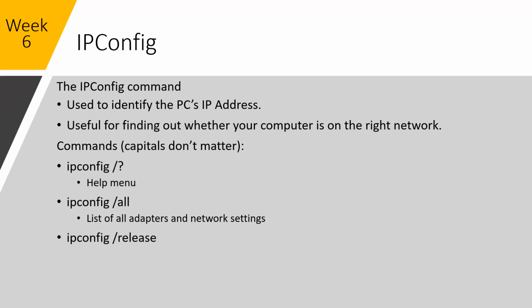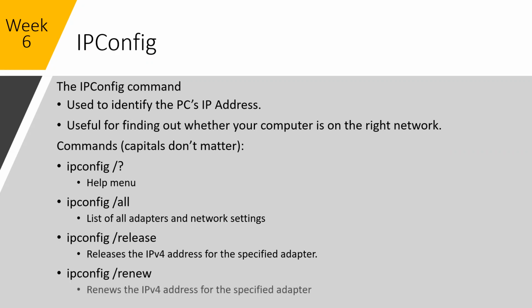ipconfig release. We were talking about leases. So if you have a dynamic leased address, you can force release it. You can force release all of them, or you can force release specific ones.